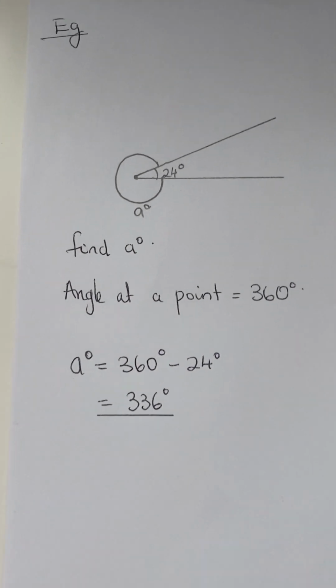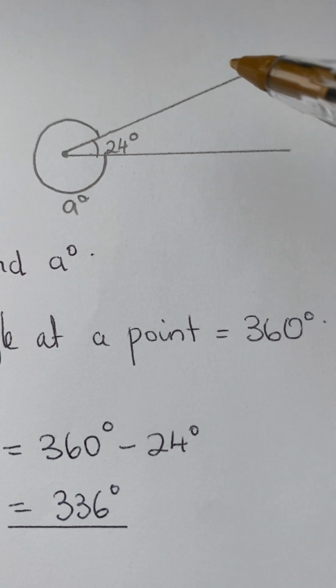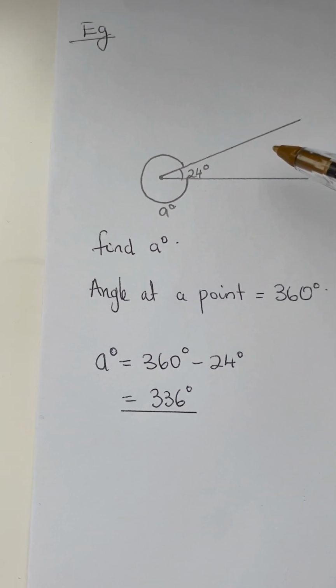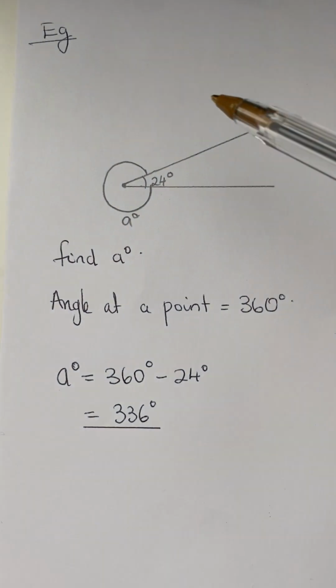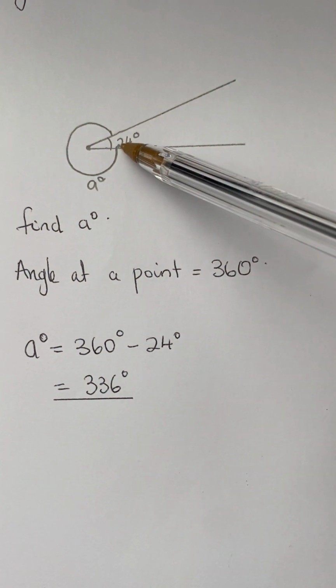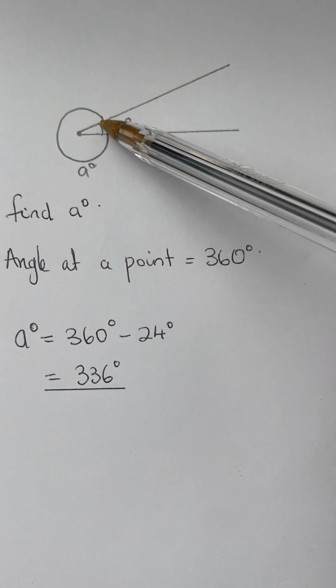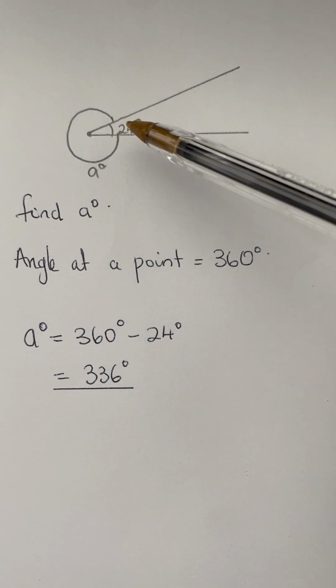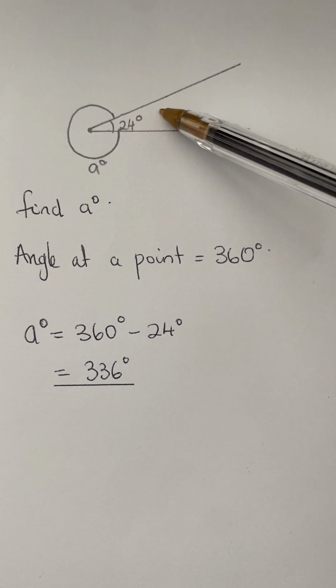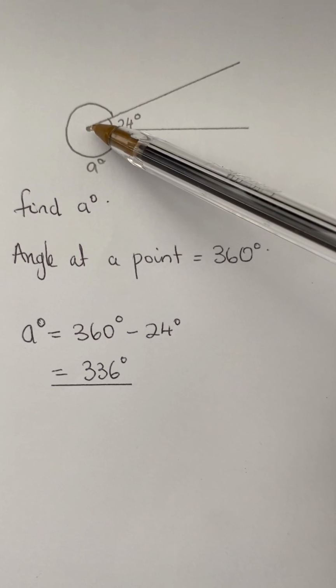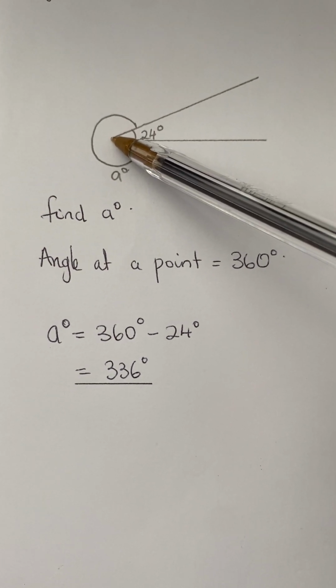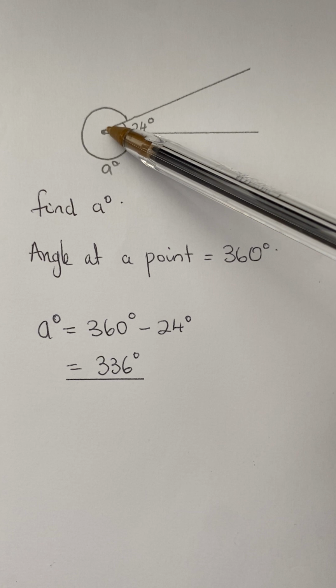Another example here. Find A. A is this bigger angle here, and that is 24 degrees. Now, we know the angle at a point is 360.